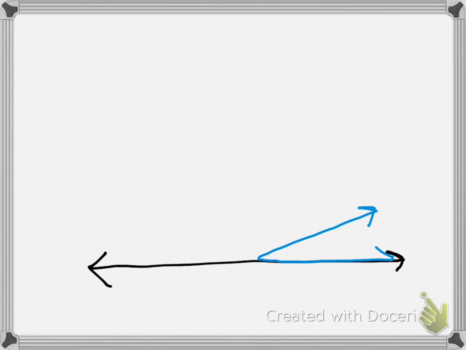See how it's small? Next would be a 90-degree angle. So I'm gonna put this here. This would be a 90 degree. And then I'm going to draw an obtuse angle.